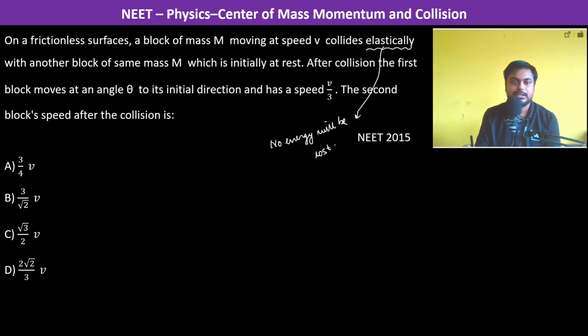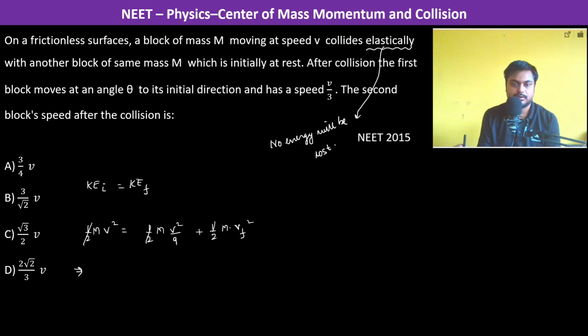If we think a little, no energy is lost, so the initial kinetic energy will be equal to the final kinetic energy. Therefore half m v square should be equal to half m times v square by 9, which is v by 3 whole square, plus half m times the final velocity square.